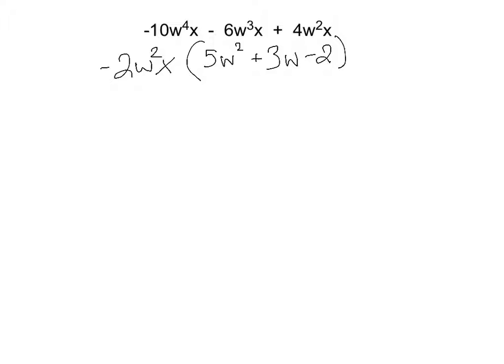And our goal again, we're going to take the a times the c, and we get negative 10. And I'm looking for factors that will multiply to a negative 10 and also add to your b value right there. Well, I don't have a whole lot of options.